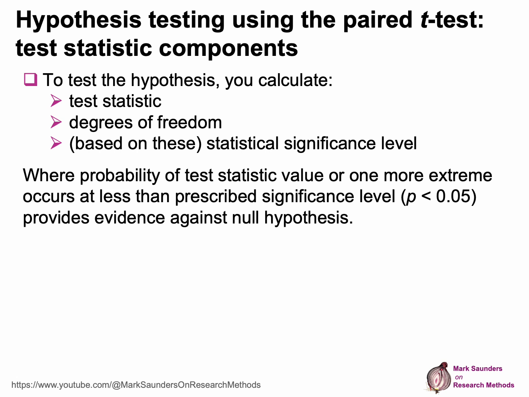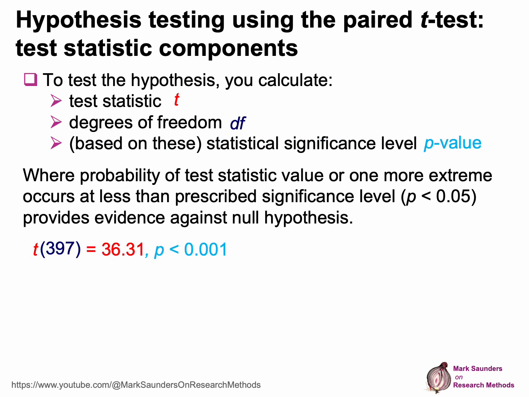The components of the paired t-test are the test statistic, which we know as T, degrees of freedom, which we know as df, and based on these we can calculate a statistical significance or P level.